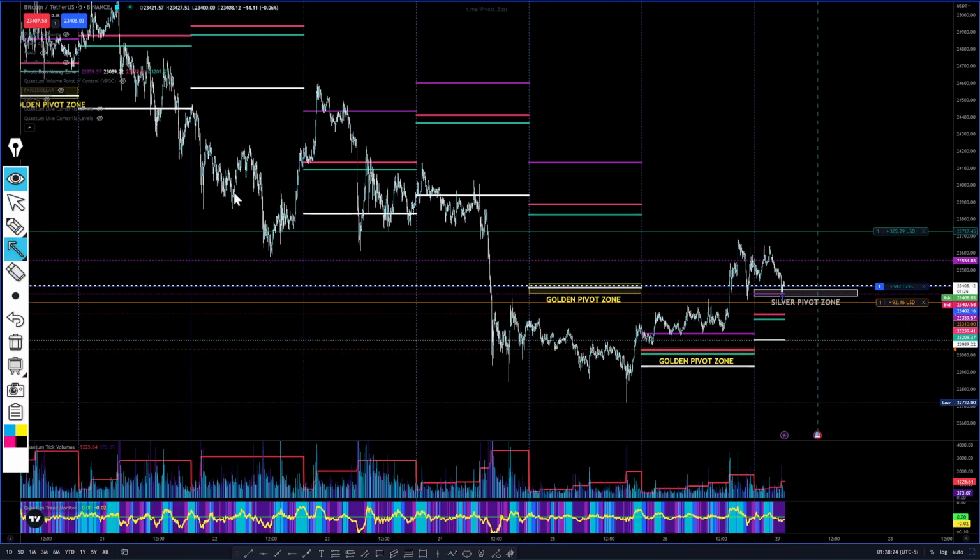Starting off with the context of the trend here, we have a downtrend. Price is moving down from a broken upward trend. So we had a breakdown, and price moving down and also retesting. Right, so we had a breakdown here.